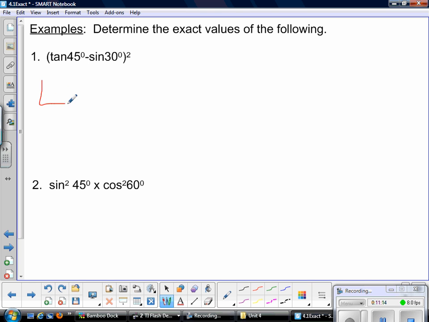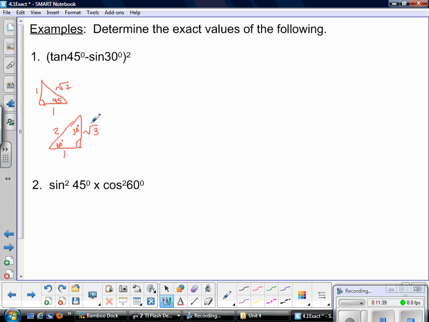An isosceles triangle, 45, side length 1, 1, and this is square root 2. That's all I need to know. I have an equilateral triangle, side length of 2, cut down to 1, and this would be a 30-degree angle, and this is square root 3.